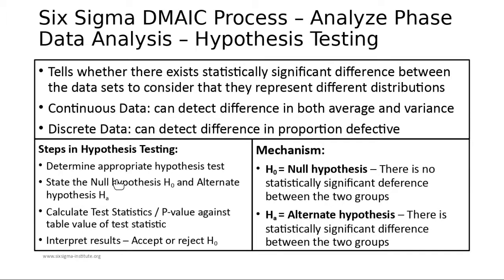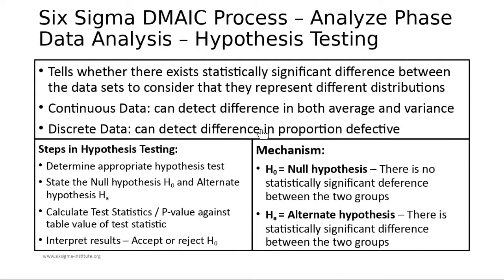If it is continuous data, definitely the average and the variation are checked. If it is discrete data, you check for the proportion of defective. Again, this depends on whether the data is continuous or discrete.